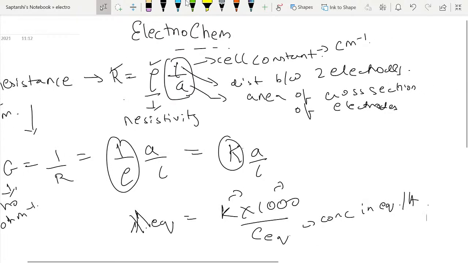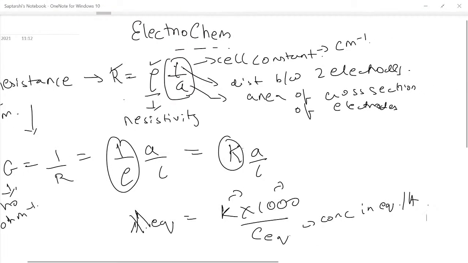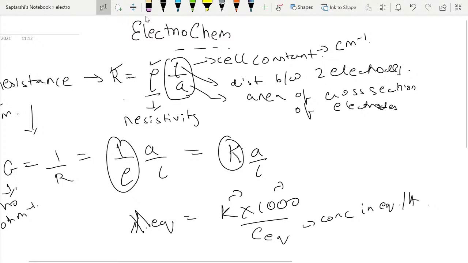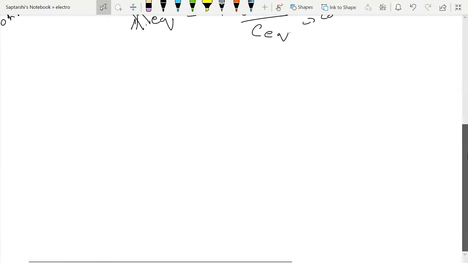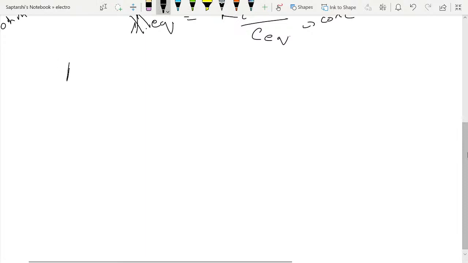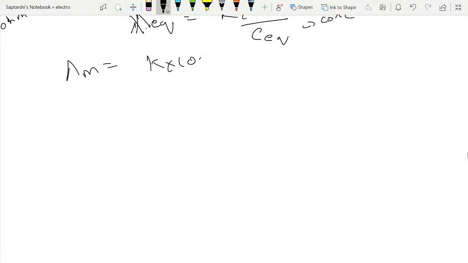And similarly, we can also say that our molar conductance lambda m is equal to kappa into 1000 by Cm, right? Where Cm is concentration in moles per liter.